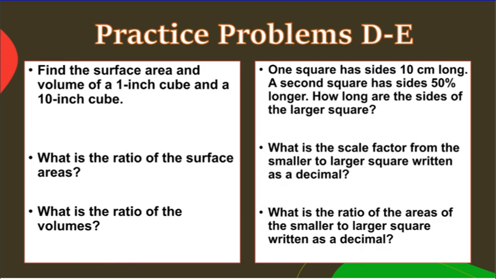Next, find the surface area and volume of a 1-inch cube and a 10-inch cube. So for surface area of the 1-inch cube, I have 6 groups or 6 squares of 1 square inch. That would be 6 square inches.